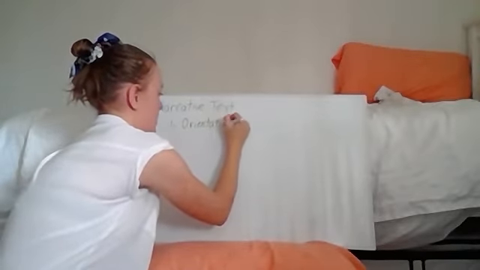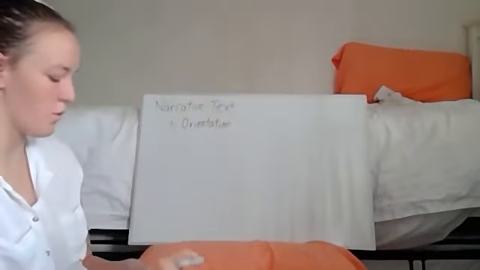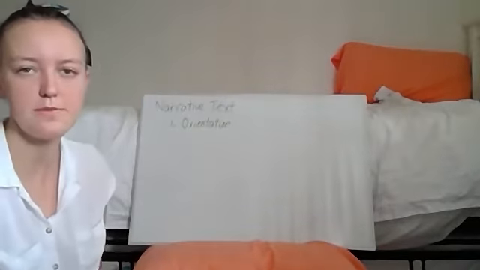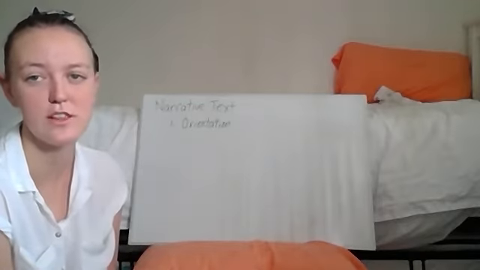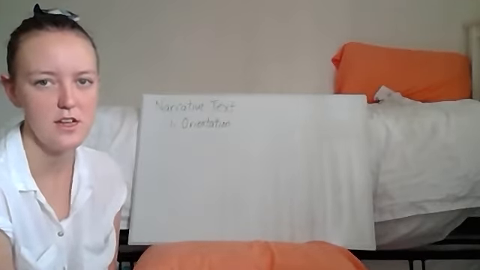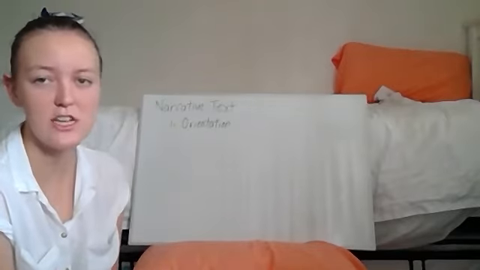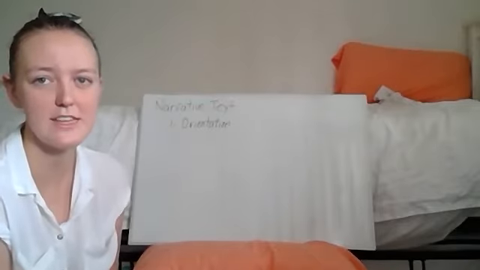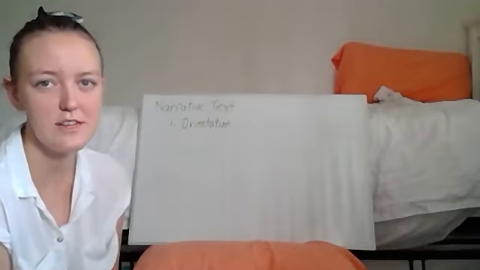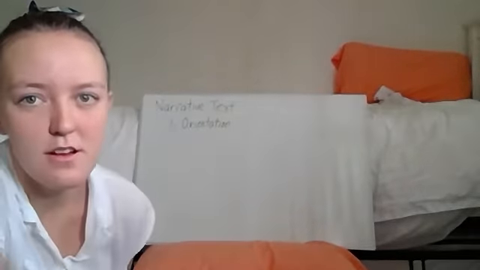up here. And does anyone know what orientation might be? If you think about reading a narrative text or like a story or any of the stories that we've read in class, what is an orientation? It normally starts at the beginning of a story. And have any guesses of what it might be? So, once upon a time.